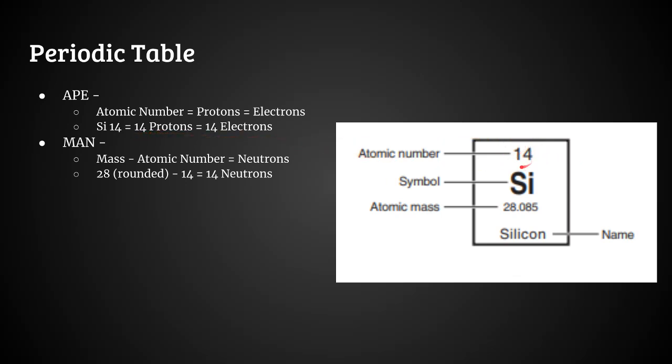So we have 14 protons and 14 electrons. Then we have mass, which would be right here, rounded to 28. So 28 minus the atomic number of 14 gives us our neutrons, which is 14 neutrons. And that's how we're going to be calculating those different things.